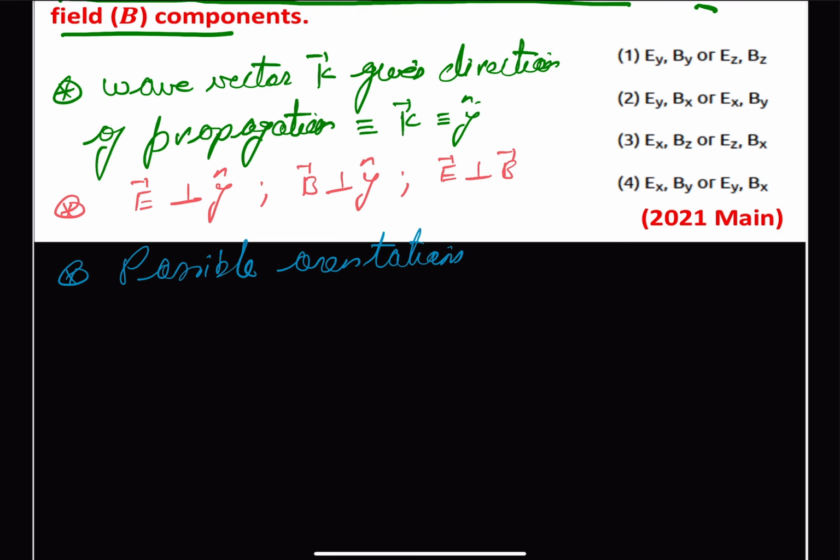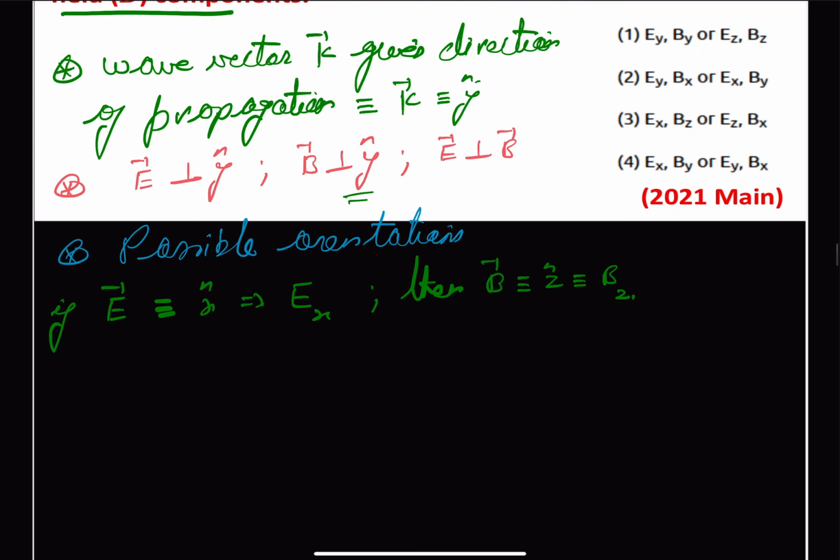We can say that if our electric field is along the x unit vector, which implies we can write this as E of x, then our magnetic field has to be along the z unit vector, or we can write this as B of z, because this is going to satisfy that our wave is going to propagate along the y direction.